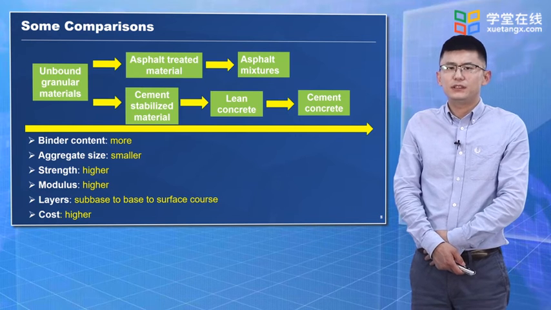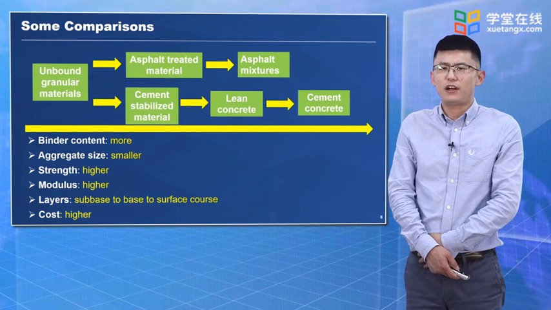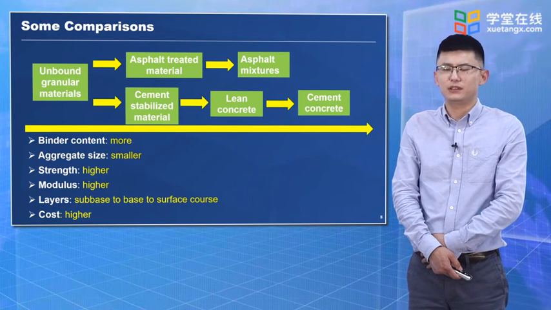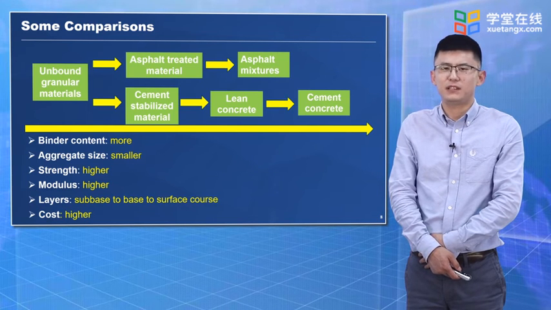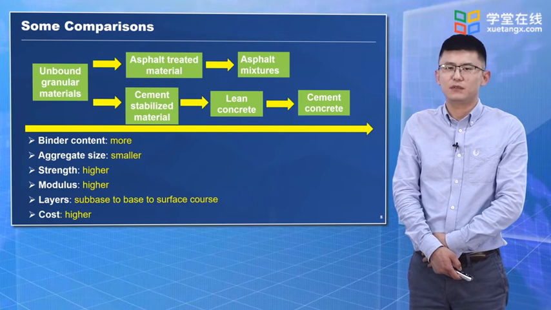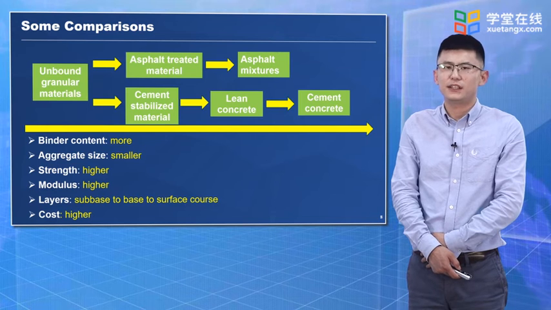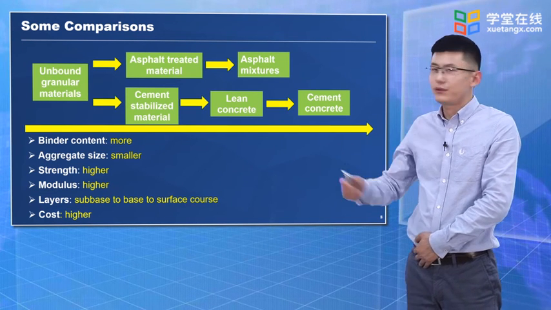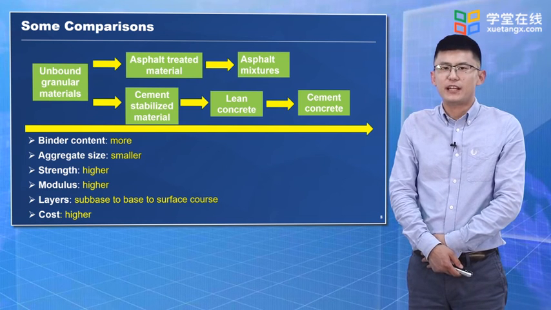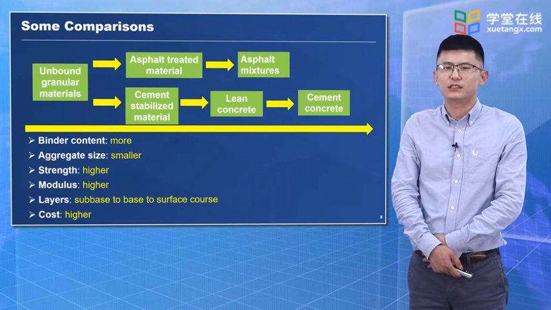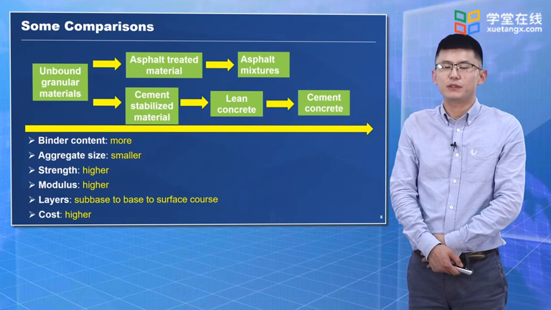And here we show direct comparisons between these materials because we have already talked about them a lot. So what are the main differences between them in terms of the materials and in terms of the structures? We can take a look here. From the left to the right, we have the unbounded granular materials, and if we add a little bit of asphalt inside, we can get the asphalt treated materials.